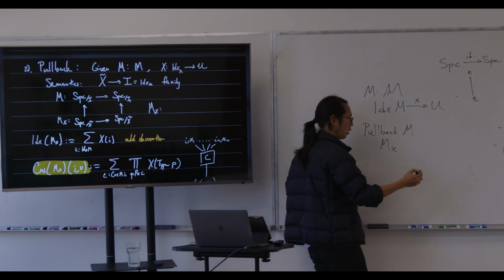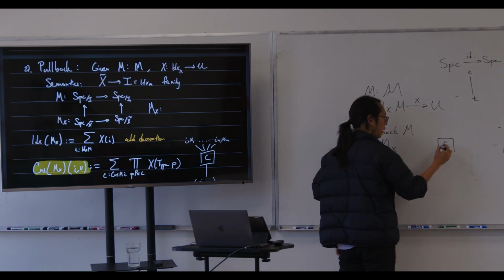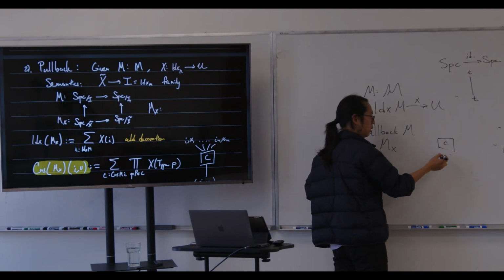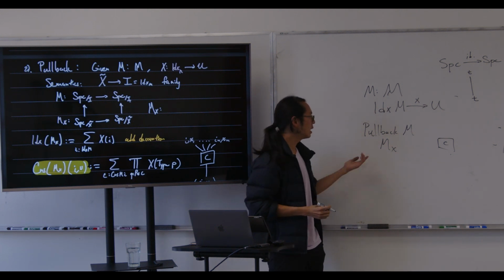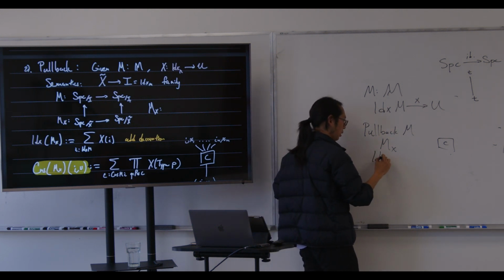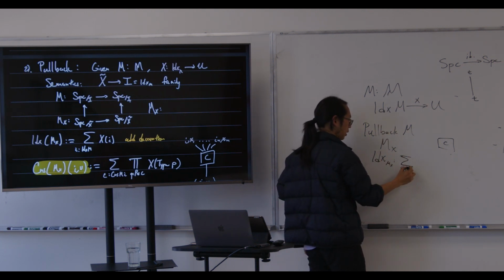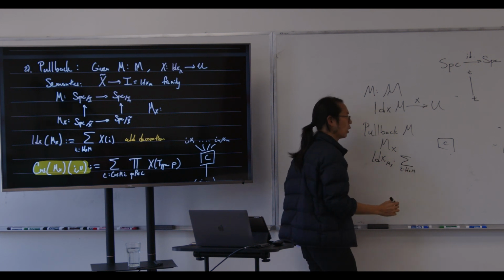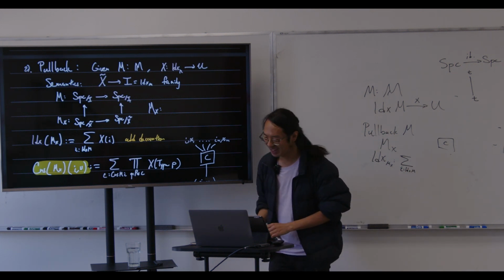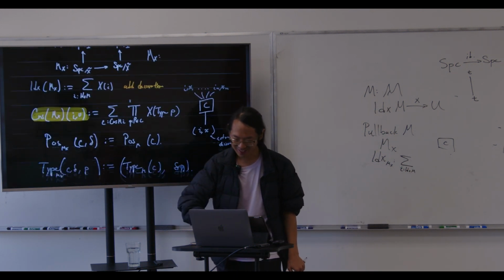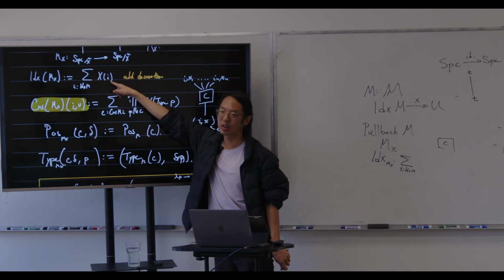Its constructors now look like this. Just give a constructor of M. Its index set, that's a good point, the index set of this is going to be the dependent pairs. So give me an index of M, I inside of the index of M. Yeah, so its indices are just dependent pairs.